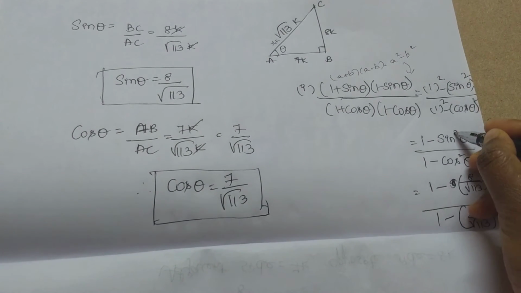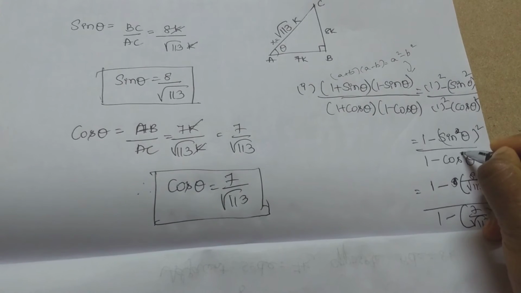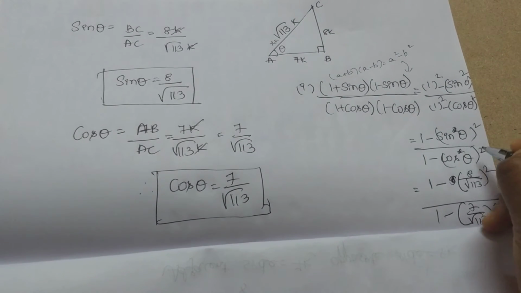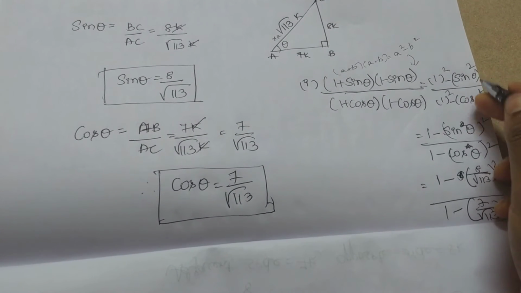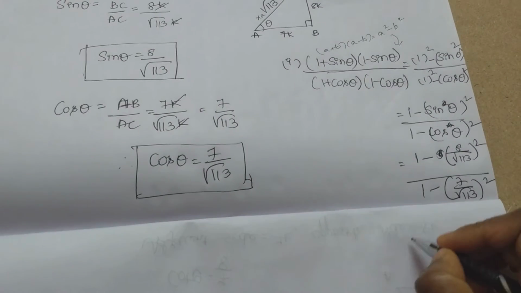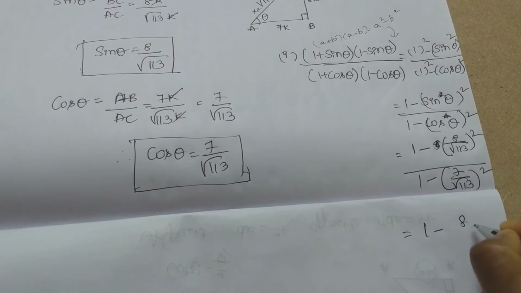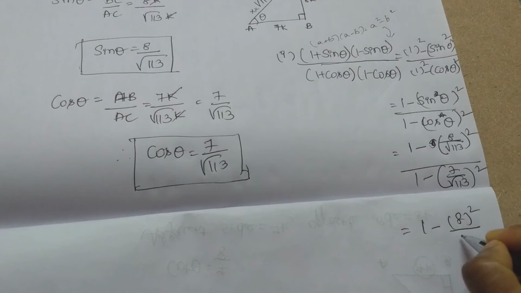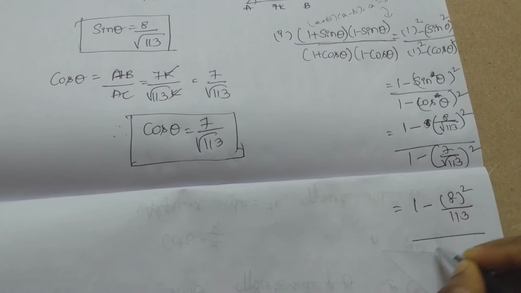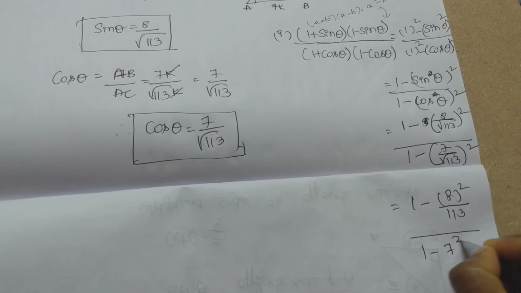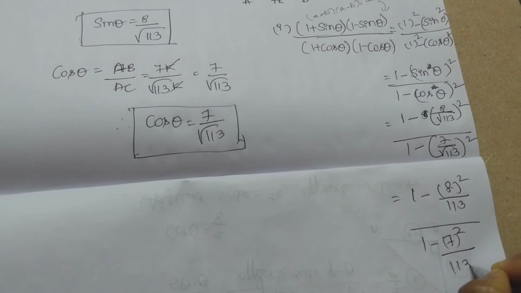Okay, so you put this as whole square only, and this is also whole square. 1 minus sin theta whole square, 1 minus cos theta whole square. So you'll get 1 minus 8 square by 113 divided by 1 minus 7 square by 113.